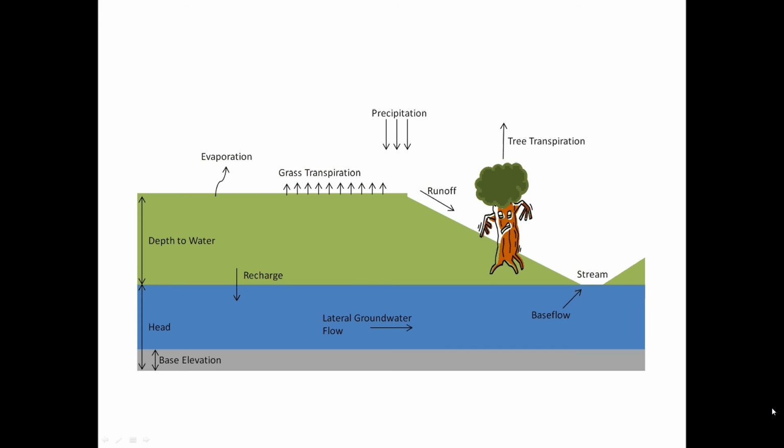Here's a conceptual model of the hydrologic processes I considered. I assumed that the evaporation stayed the same for any density of trees. I also assumed that the transpiration from the grass remained the same in any density of trees.